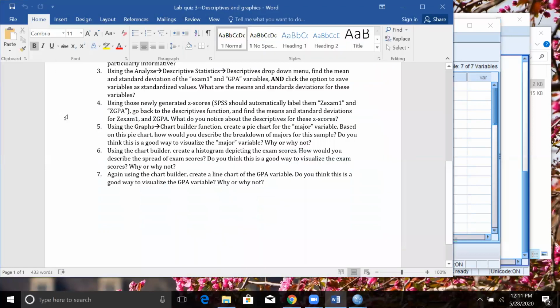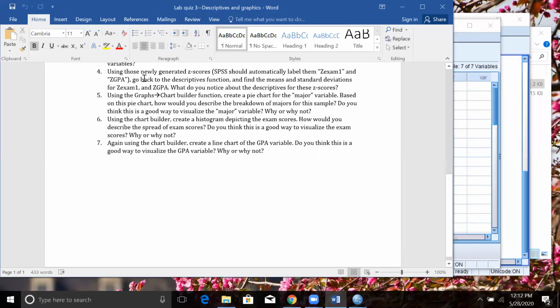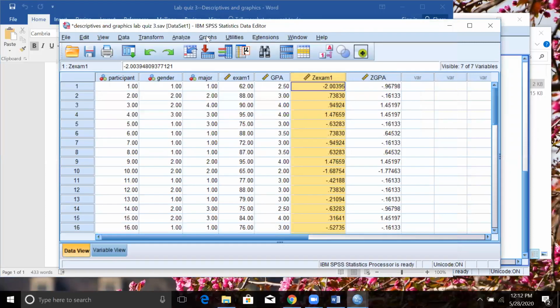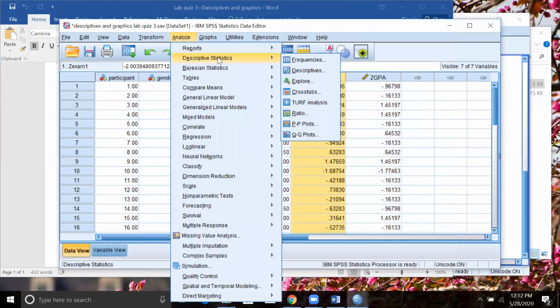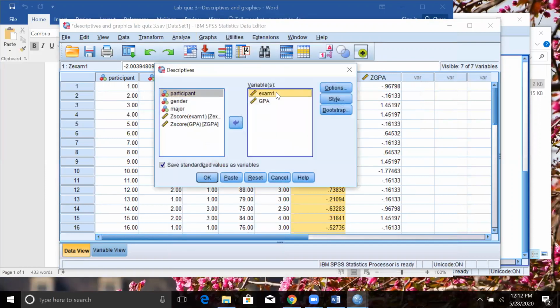So one facet of the standard normal distribution is that if you were to go back and use those newly generated z-scores, go back to the descriptives function, find the mean and standard deviation, what do you notice? Right, here's how you do that. You don't need to keep this selected.